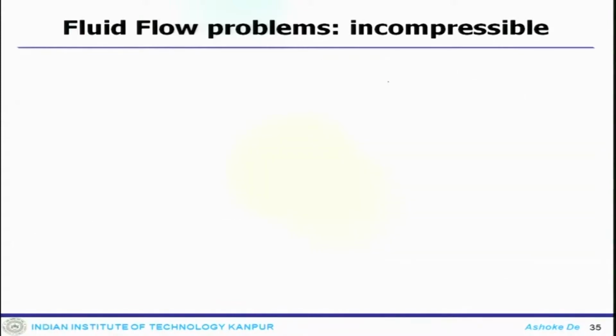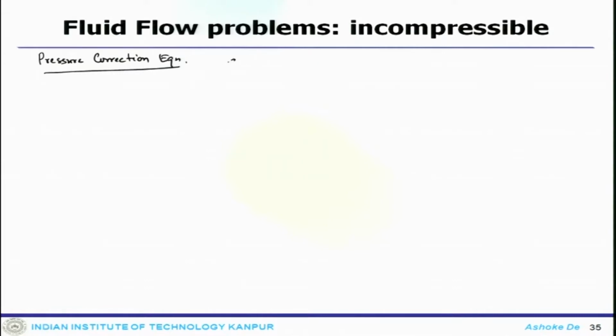So, the pressure correction equation, which is required for your pressure velocity coupling algorithm like SIMPLE, one can derive.